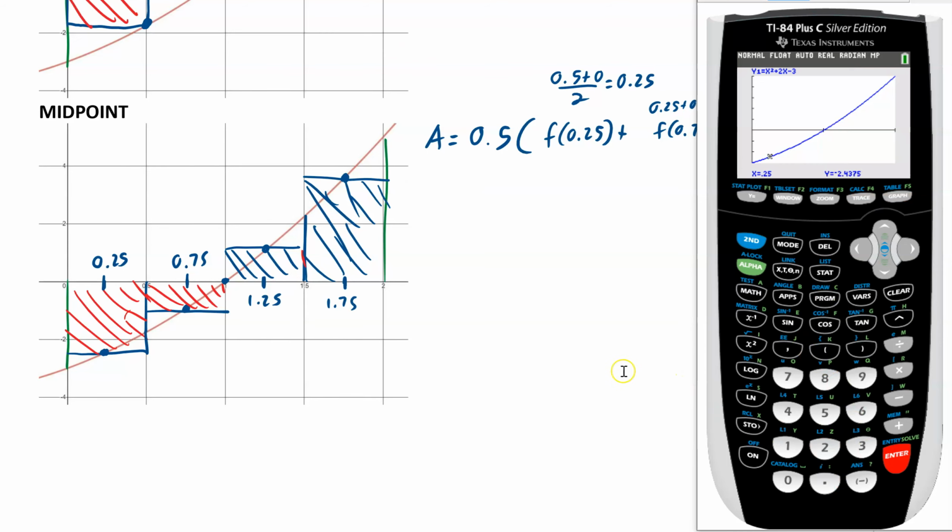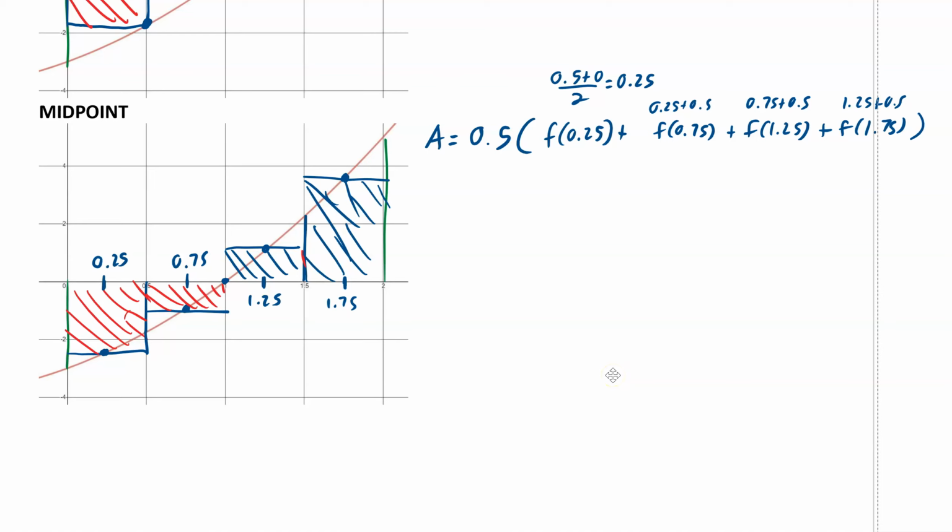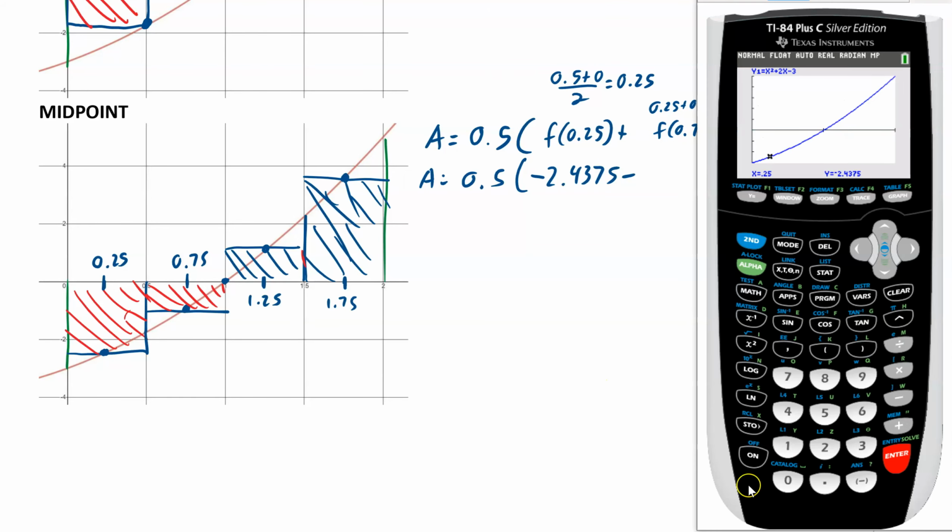Hit enter. And we get negative 2.4375. And we move on. The next one's also going to be negative, and then we would have positive and positive. All right, so now we can fill it in nicely. So 0.75 this time.